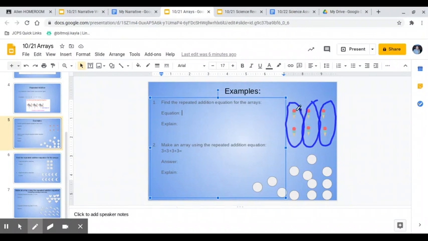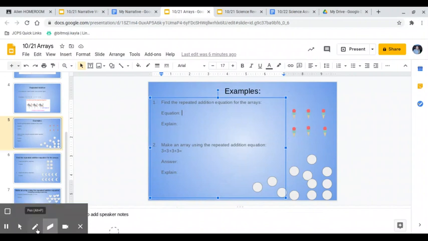I see I have 2 in each column. 2, 2, and 2. Now, you can go ahead and add this up and solve the problem and be done. And you would get 6. Or what you can do is look at your rows for your picture.